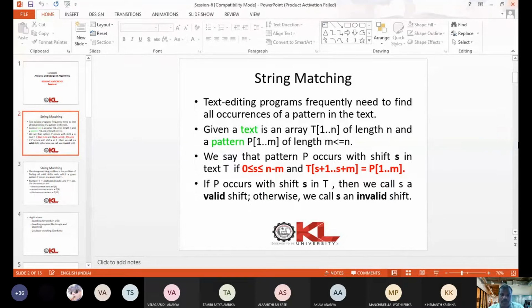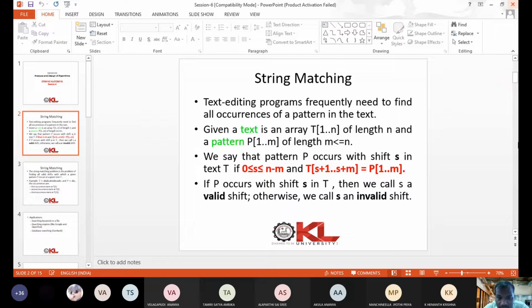Normally, text editing programs frequently need to find all occurrences of a pattern in the text. As I told you, we are given two strings, the text string T and the pattern P, where the length of T is N and the length of the pattern is M. There are 1 to N characters in T and 1 to M characters in the pattern.